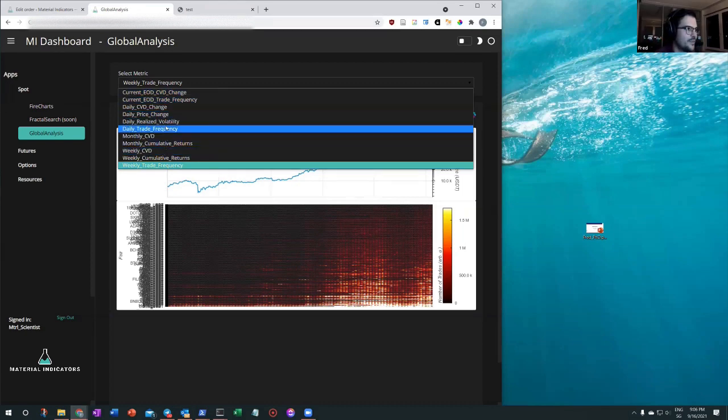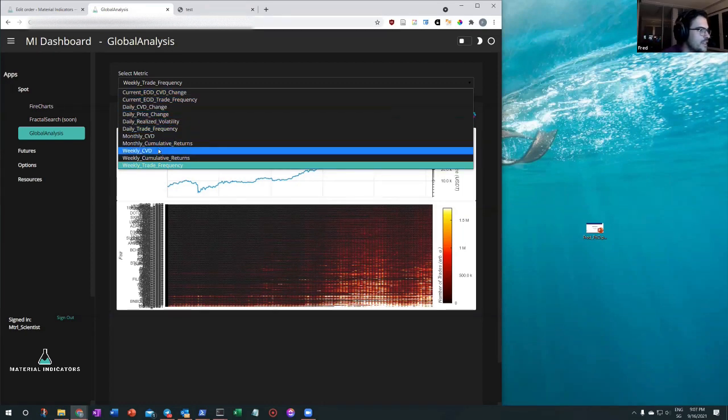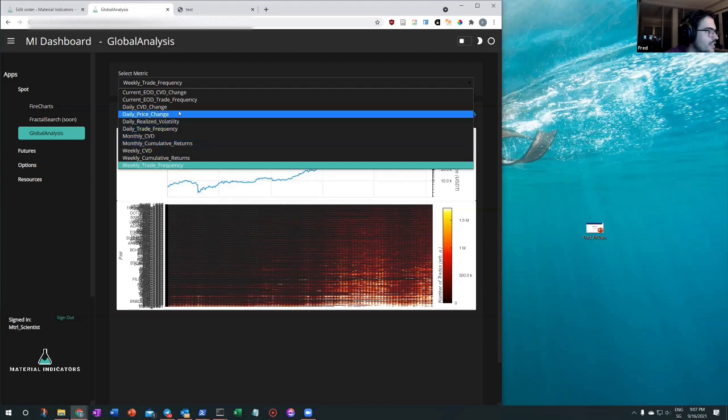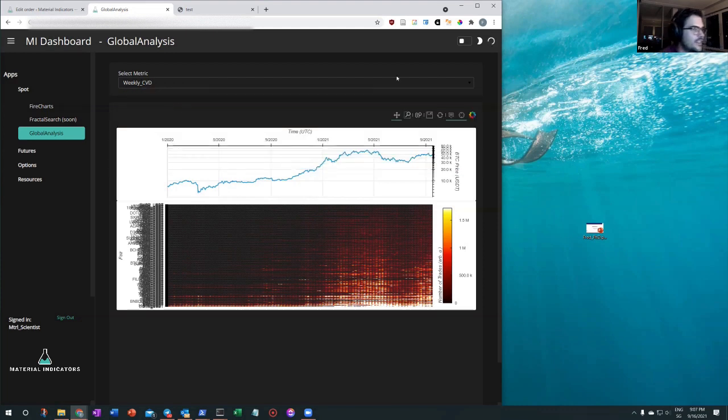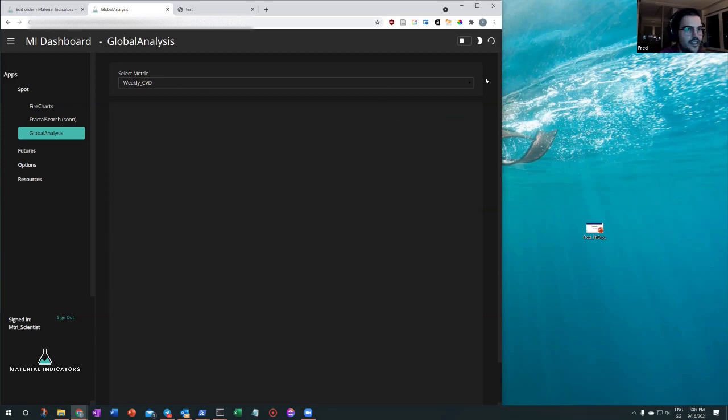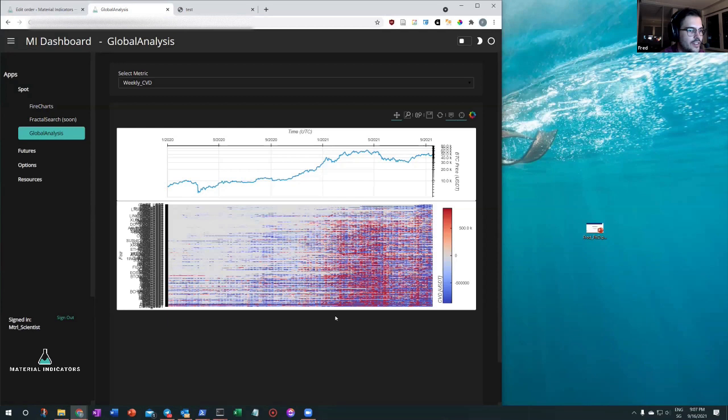If we look at how much money was spent, the weekly CVD, then it's exactly what you just said, Sean. You only see net buying at the top. Previously, there was more selling. It's the Saylor strategy: buy high, never sell.